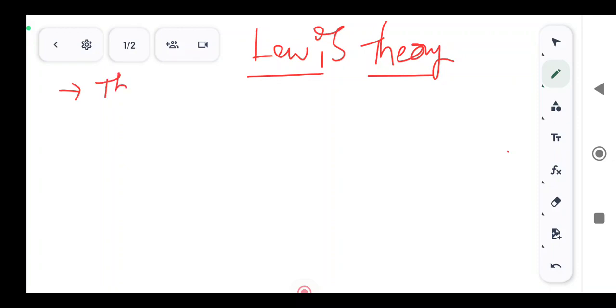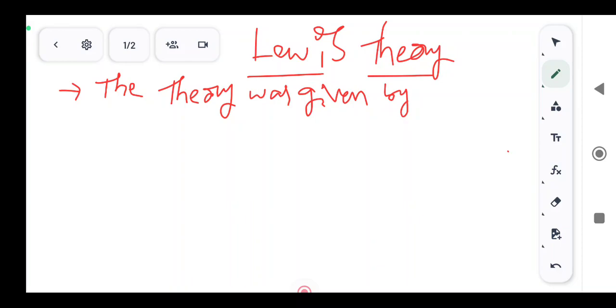The theory was given by G.N. Lewis in 1938.